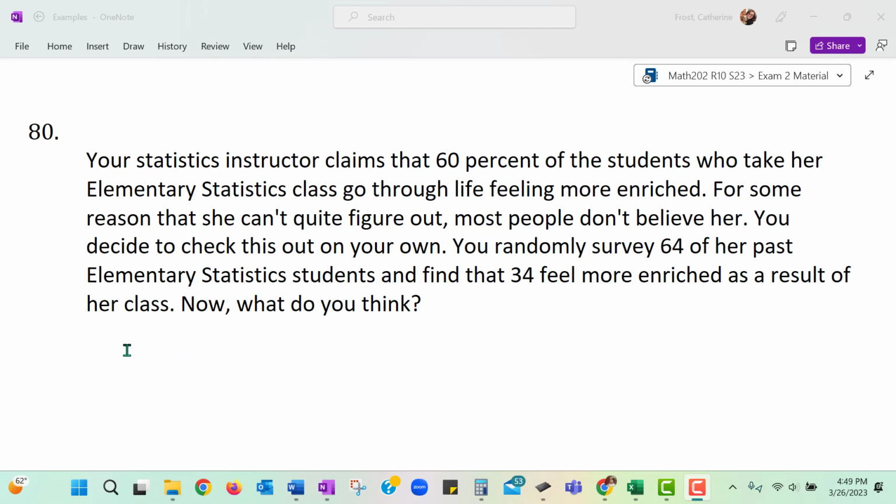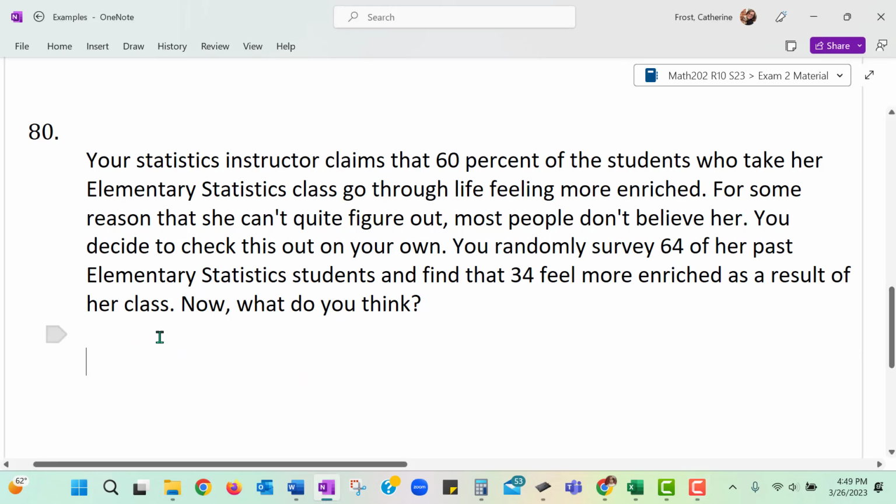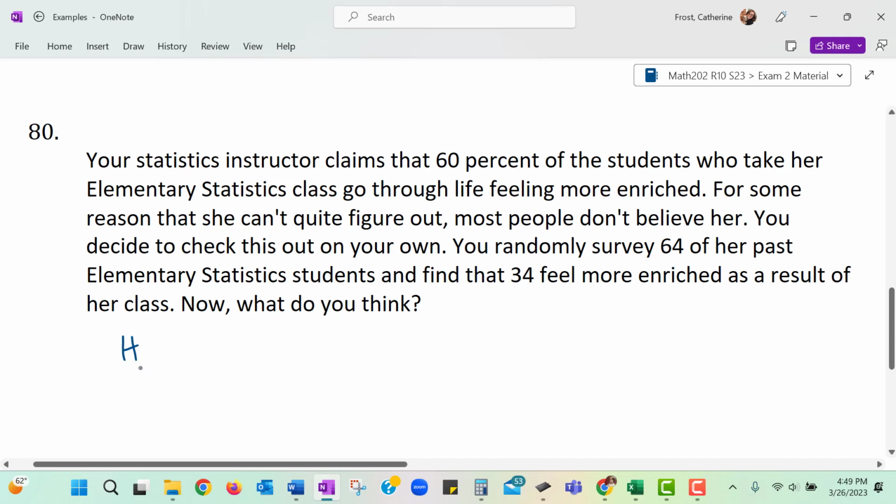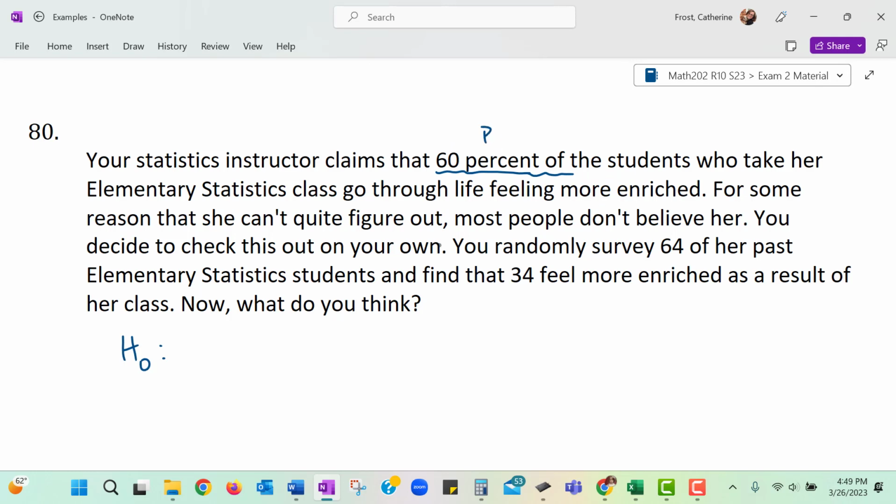Okay, so let's first write down our hypotheses. So our H sub 0, our H naught or null hypothesis, we're talking about some percentage of students. So that's a P, right? That's a proportion.